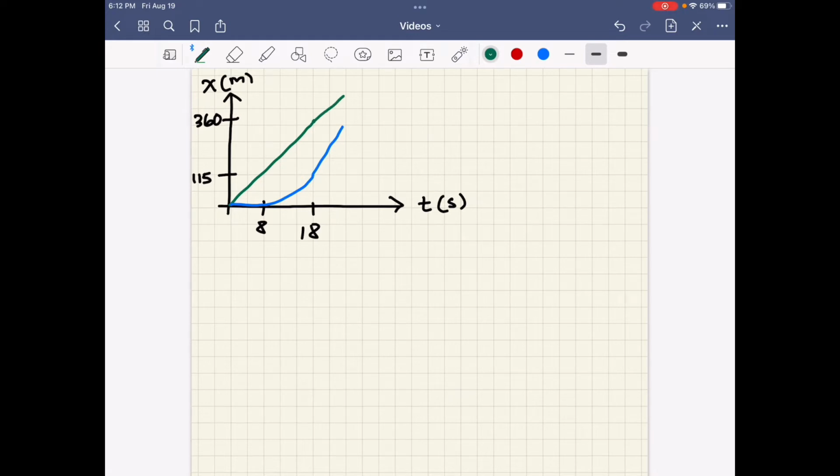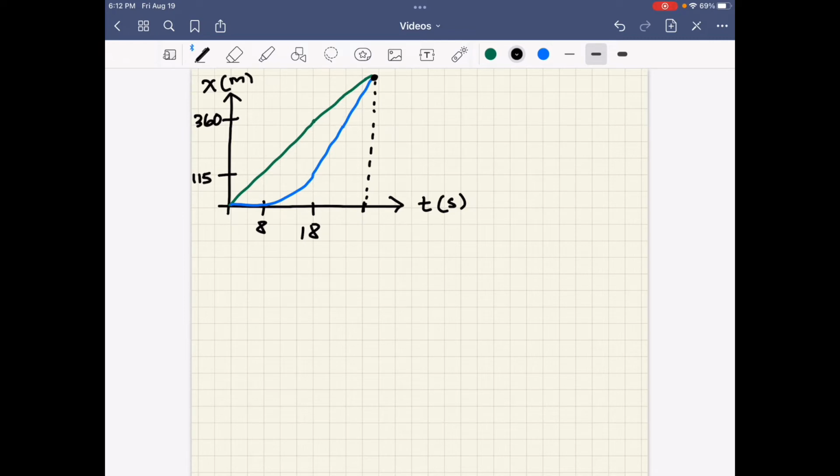Now notice that if I keep extending, there'll be a point where they meet. This is the point of interest. We want to know the time here, just time, since it is the same for both.